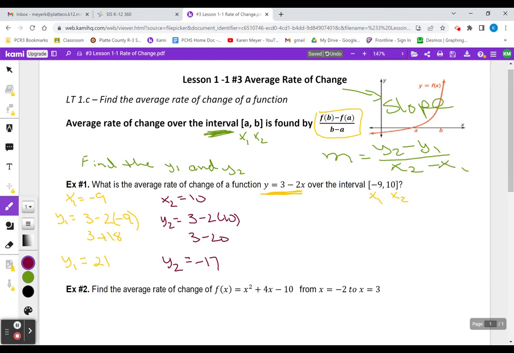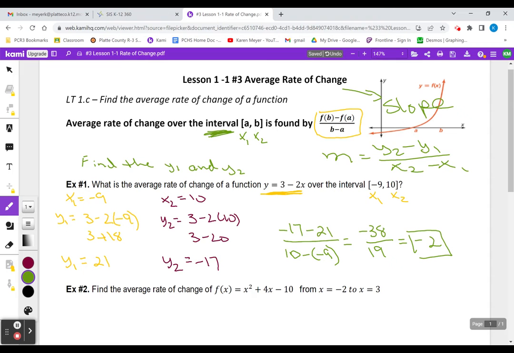So y2 is negative 17 minus y1, which is 21, over x2, which is 10, minus x1, which is negative 9. On the top, you get negative 38. On the bottom, you will get 19. And when you divide it out, you get your final answer to be negative 2.